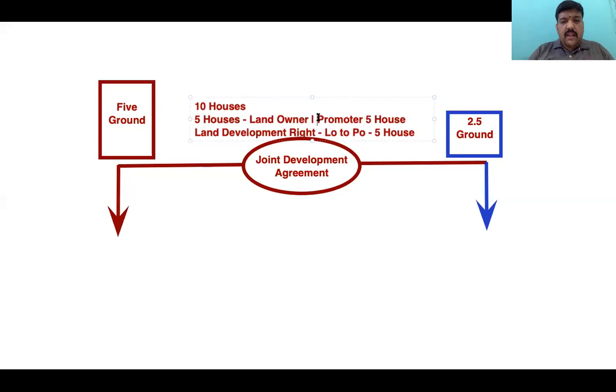In turn, the promoter constructs and gives 5 houses to the landowner. Among the constructed 10 houses, 5 houses are with the promoter, which he will sell to third party buyers.